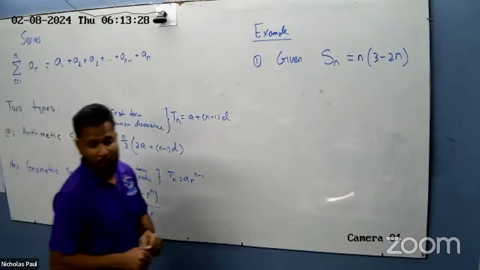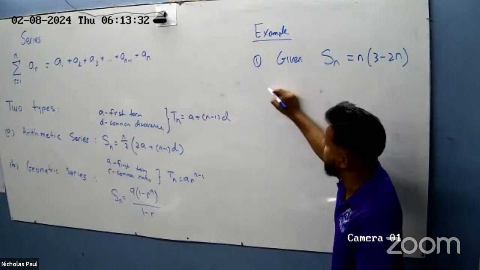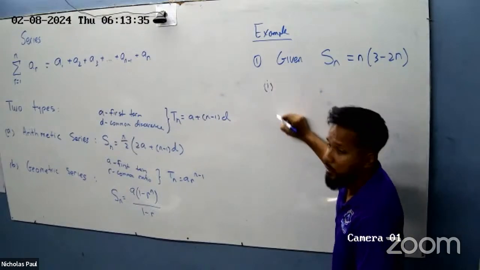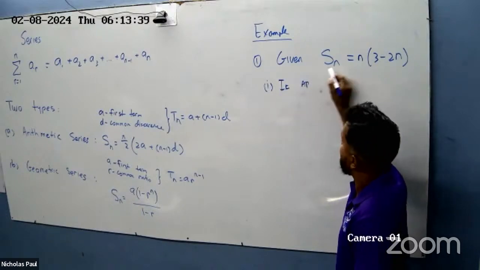Here's what we need. We have to find a few things. The first thing that we want to find is we want to determine if it's an AP. This is all I give you.